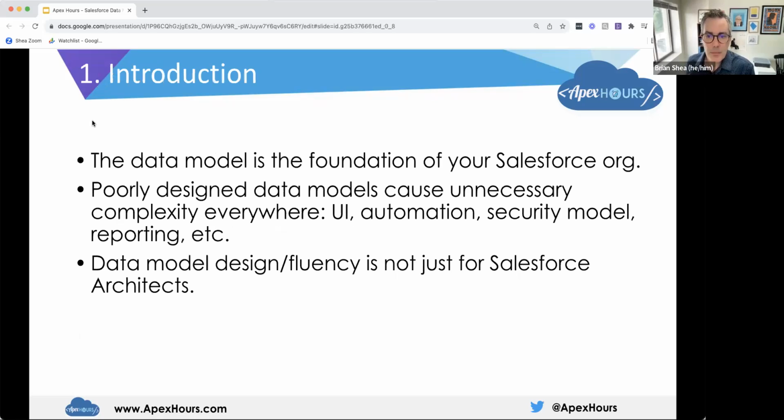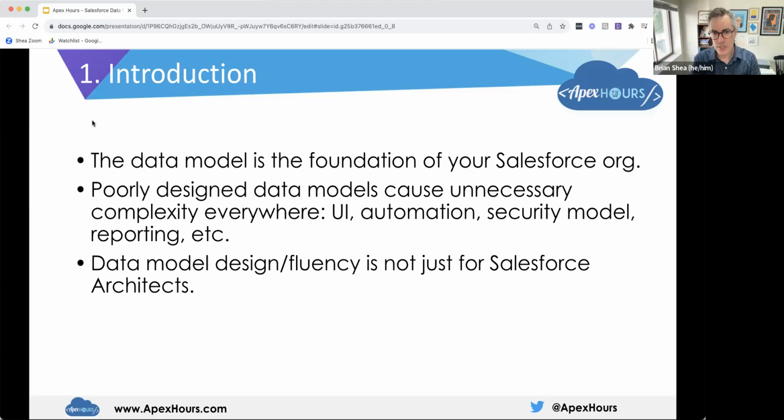In terms of data model, folks on this call won't be surprised to know we've got practitioners on this call. Your data model, your object model, is a foundational piece of your Salesforce org. If you get your data model right, you're going to have a much easier time scaling your system.